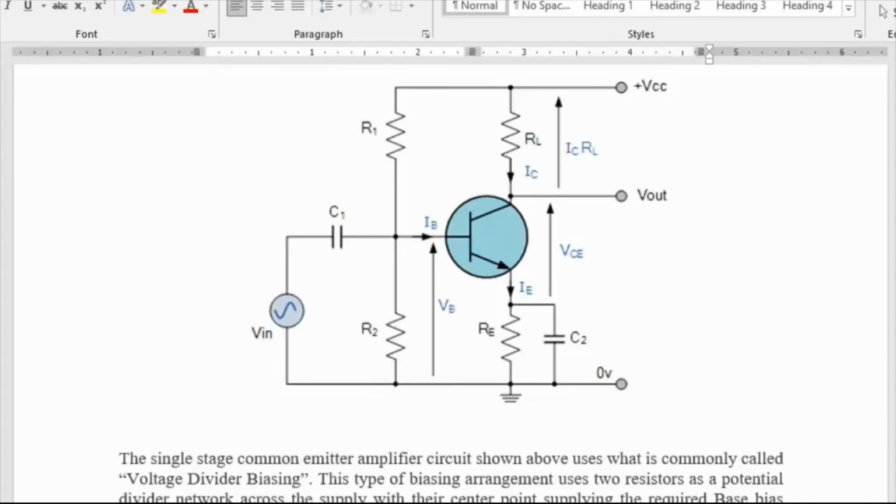This type of biasing arrangement uses two resistors as a potential divider network across the supply with their center point supplying the required bias voltage to the transistor. Voltage divider biasing is commonly used in the design of bipolar transistor amplifier circuits.